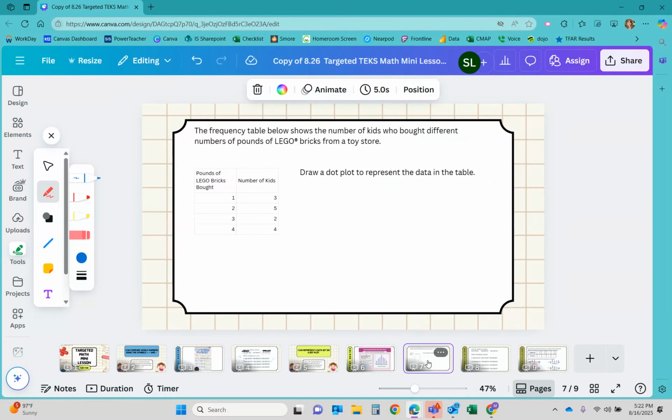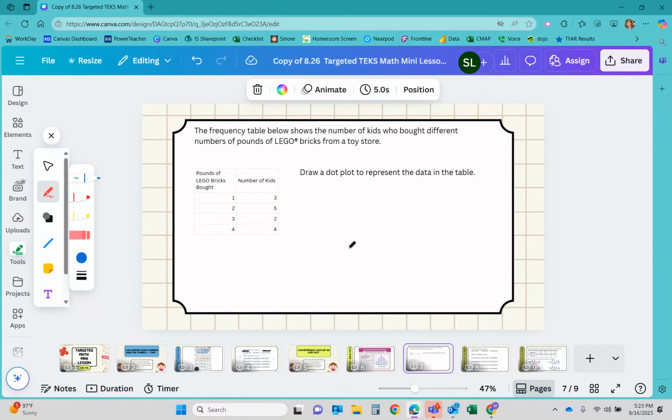So let's go into more detail about what that means. Here I have a question saying that we have a frequency table that shows the number of kids who bought different numbers of pounds of Lego bricks from a toy store. So there are these Lego stores you can go into and you buy Legos by the pound. So that's what this is talking about.